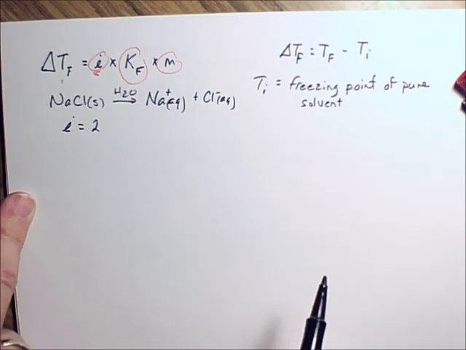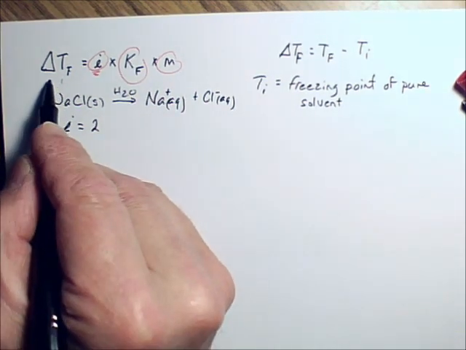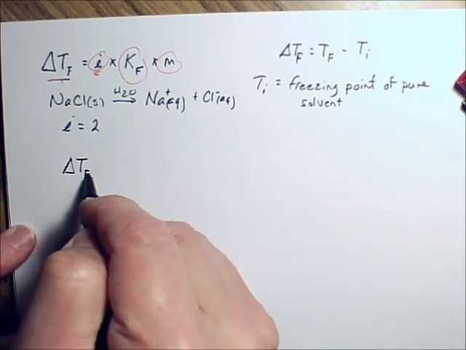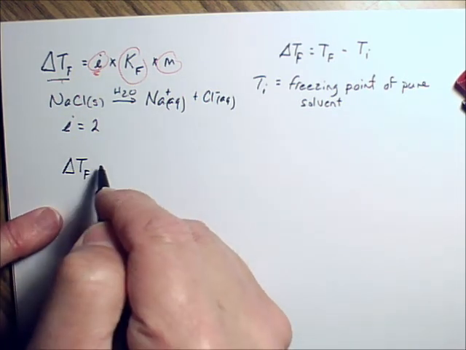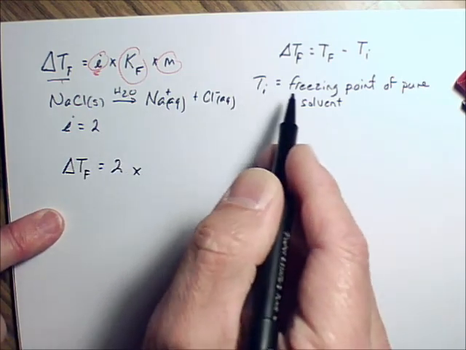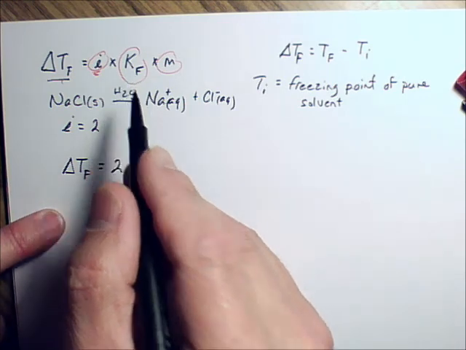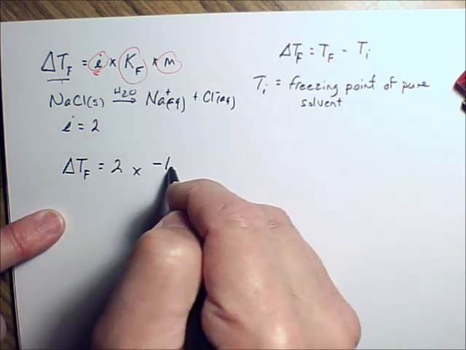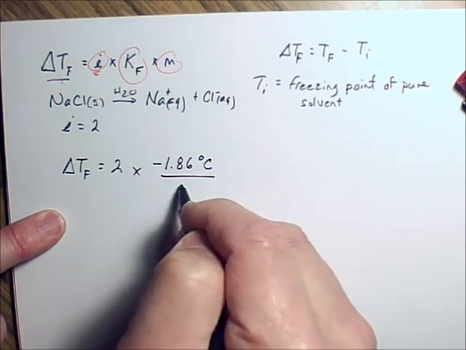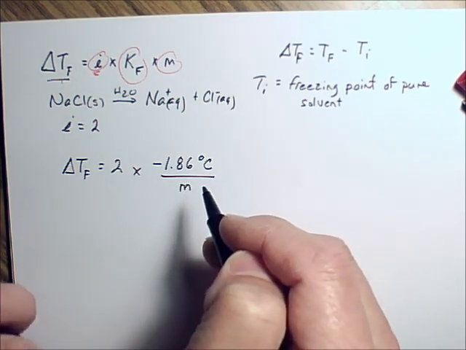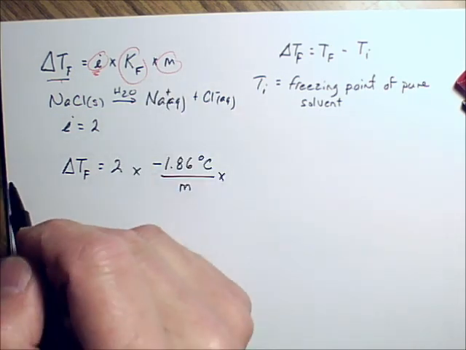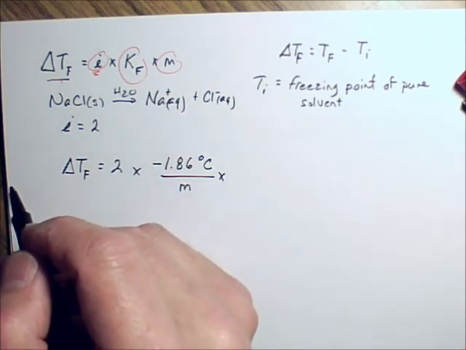Now we have everything in this equation. All right, we're ready to plug in everything to that equation to find this number. So delta T sub F for the change of temperature of freezing is equal to 2. The number I gave you for the freezing point constant of water is negative 1.86 degrees C per mole, and then times the concentration in molality.